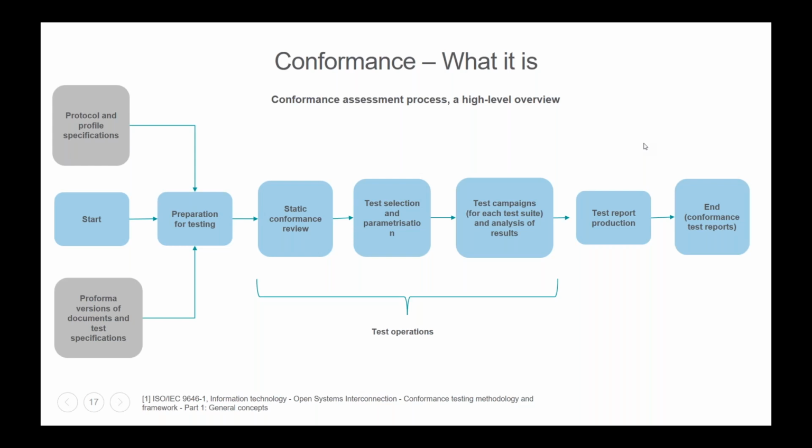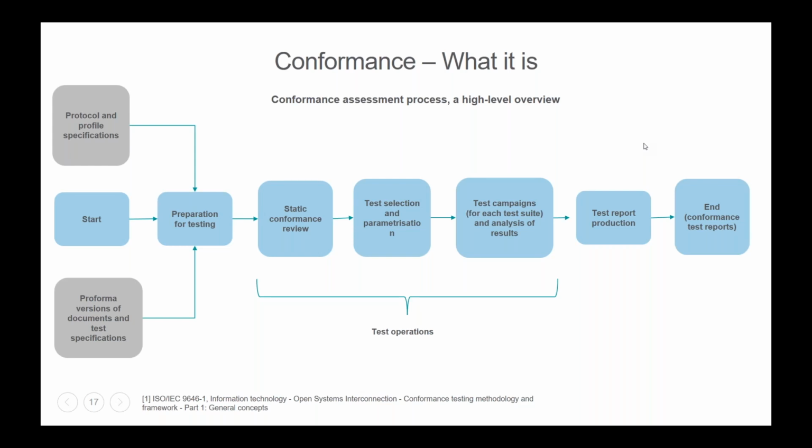On this slide, you can see a high-level overview of the conformance assessment process. The whole process starts with preparation for testing, and this includes preparation of documentation on the implementation under test, as well as collection of necessary documents like the underlying protocol and profile specifications, pro forma versions of documents, and test specifications. During the test operations, a static conformance review is carried out first.